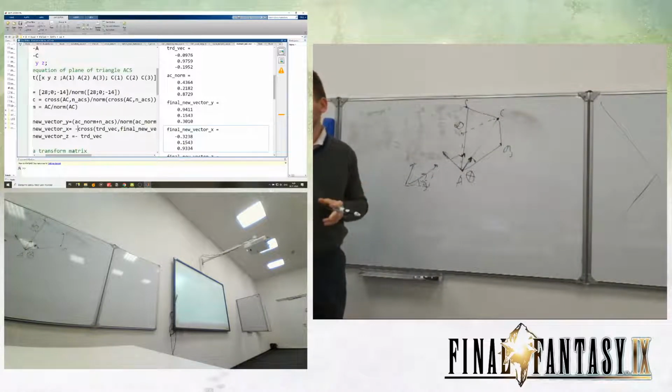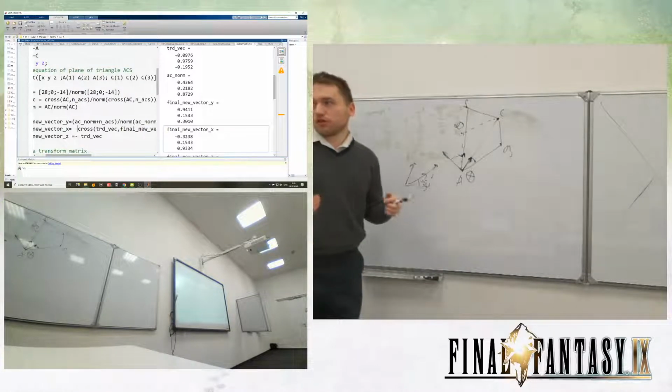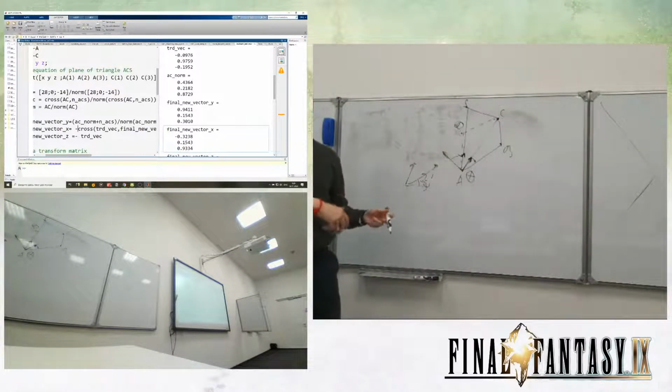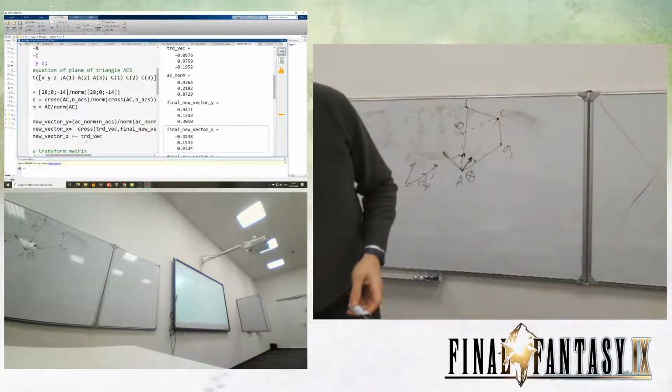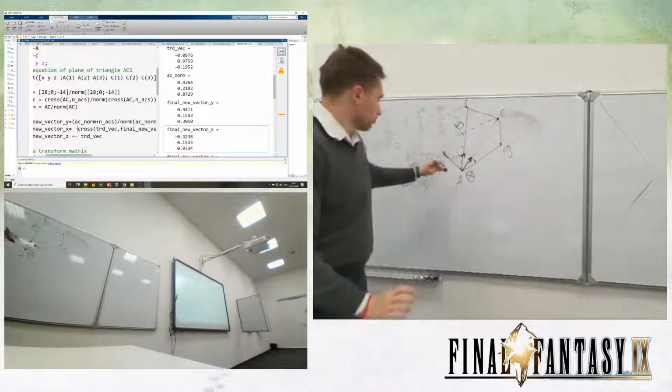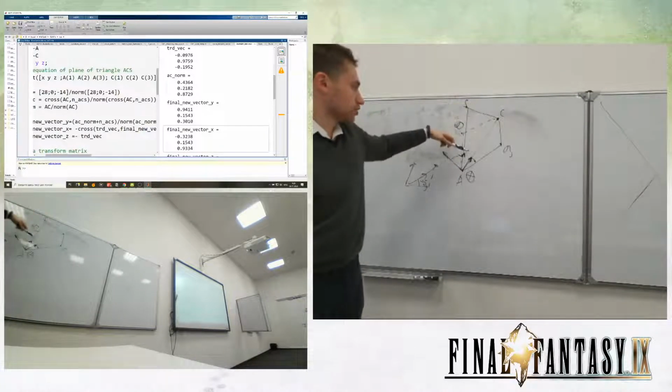So I just took the cross product and received this solution. Of course you can do it in a different manner, either make a rotation by 90 degrees or whatever you like. In my case, I just found the cross product and took the last one, Z. It was this one, I mean, perpendicular to AC.